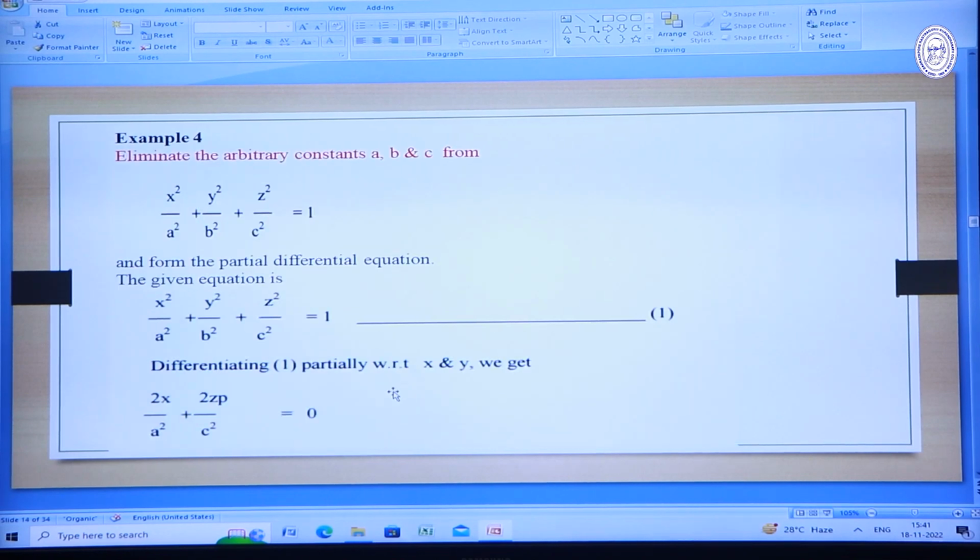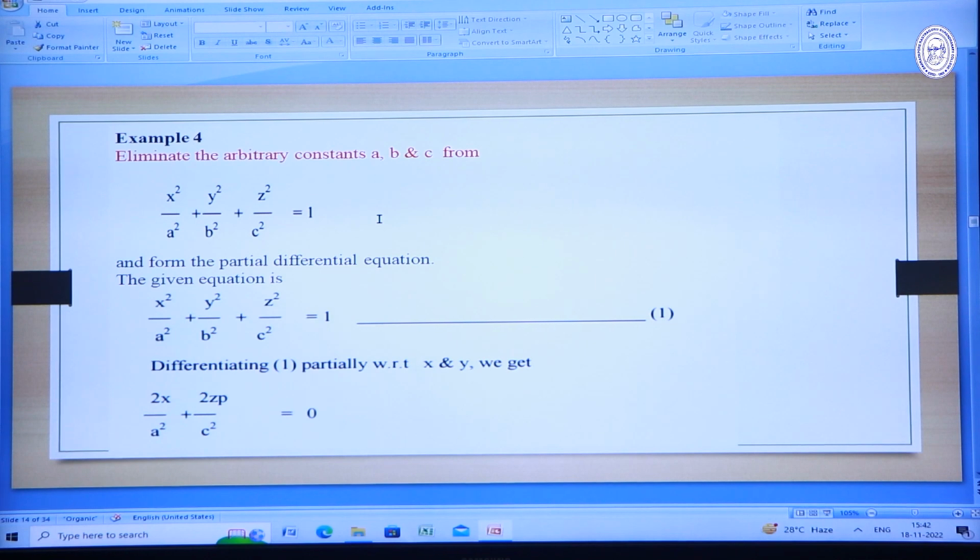Eliminate the arbitrary constants a, b and c from the equation x square by a square plus y square by b square plus z square by c square equal to 1. Similarly, here we have the arbitrary constants a, b, c.